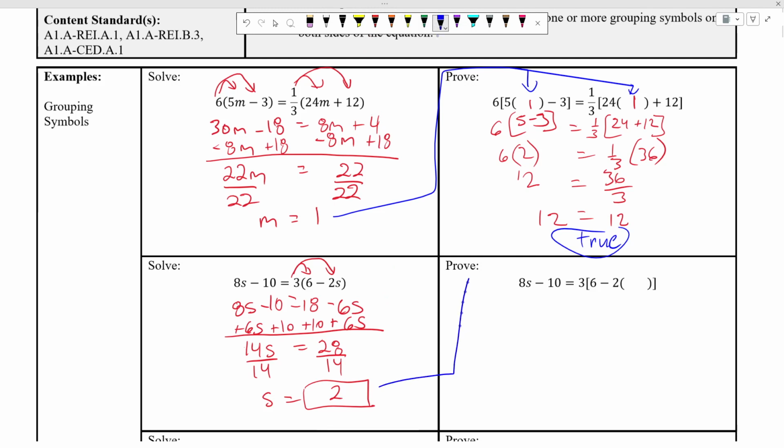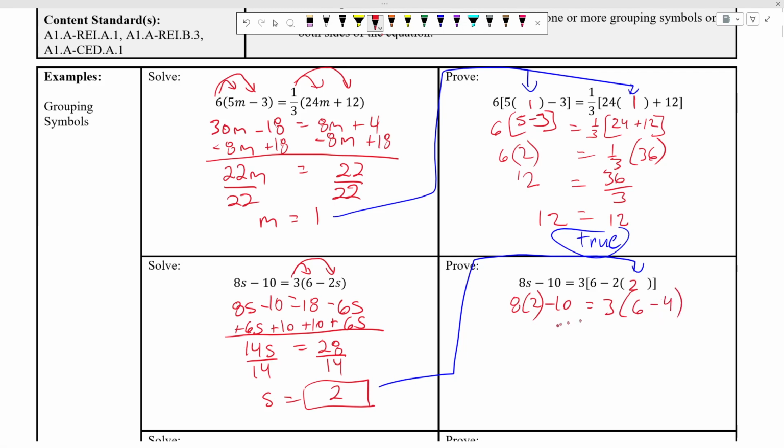Prove it. All right, so I have 8s minus 10. Oh wait, sorry, I gotta put my 2 there as well. Okay, minus 10 equals 3 times 6 minus, let's see, 2 times 2 is 4.